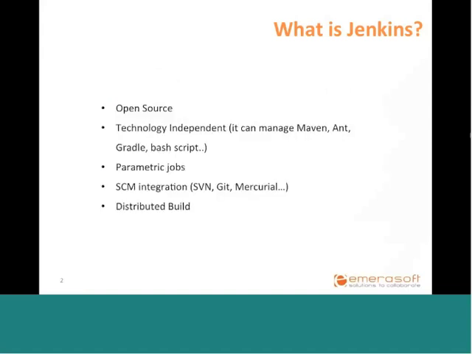Jenkins is open source software. It is technology independent. In fact, you can manage your build with Maven, Ant, scripts, and many other technologies. It also has parametric jobs, so this means you can perform some action if the build is successful, or other actions if the build fails.